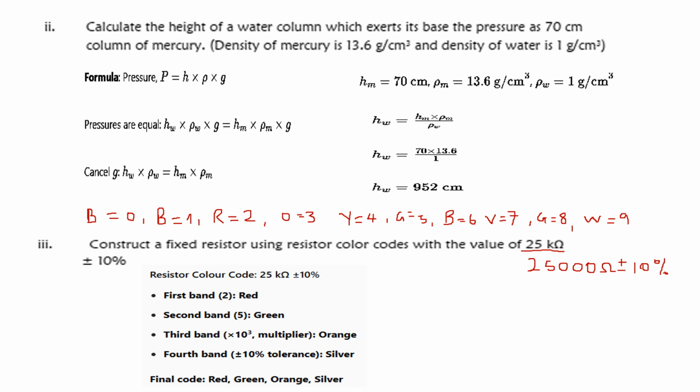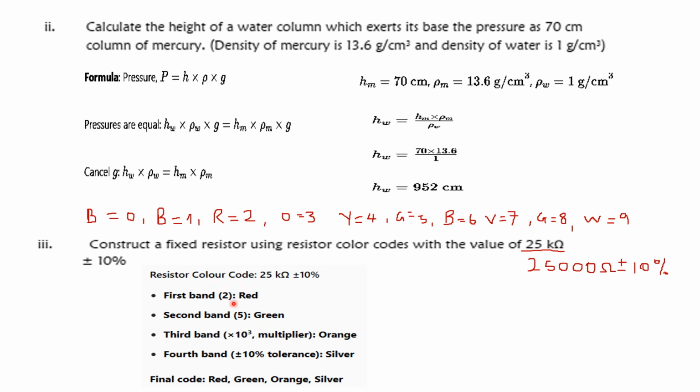So, construct a fixed resistor using resistor color codes with the value of 25 kilo ohms. The resistor color code for 25,000 ohms plus or minus 10%.